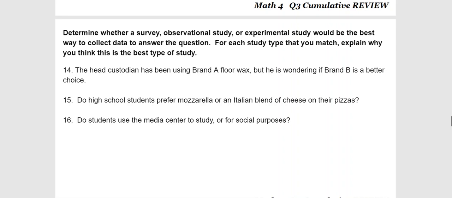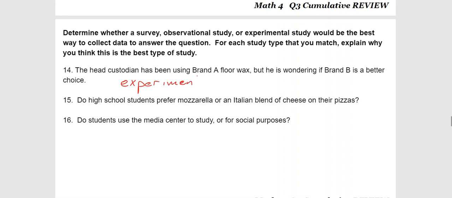And it's not something you really can do a survey on. You can survey other high schools and see what they've come up with. But really, the best way to know for sure is to use brand A on one hallway and brand B on another hallway and see which one holds up better. That would be an experimental study.